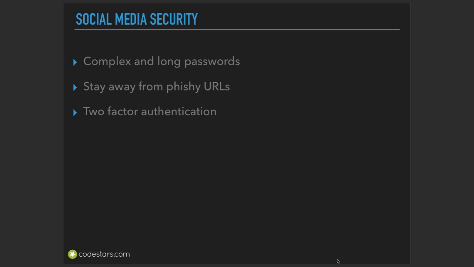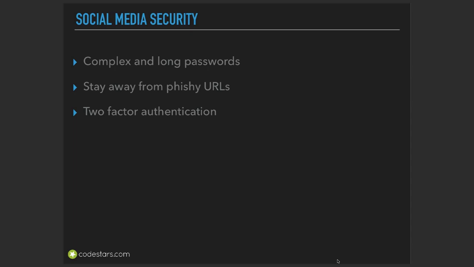So we need to make sure that we stay away from these websites, and we need to make sure that we don't share our login information with possible social media stealing third parties. And this includes mobile applications as well. So if you don't trust a mobile application, don't share your social media account information with them.